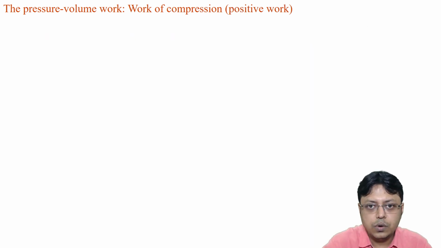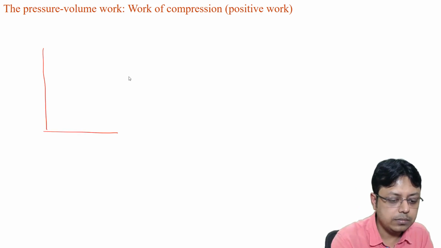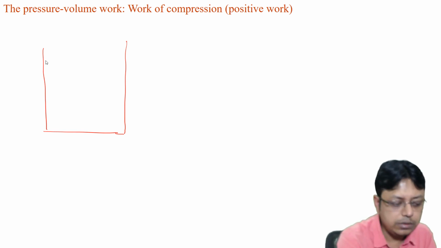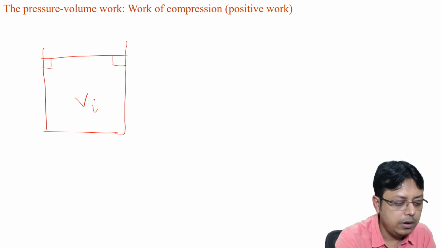Now we'll discuss what will be the amount of work for the case of compression. Again, it's a pressure-volume work, remember that. So let us try to draw it. In the case of compression, we have an opposite situation. Initially, suppose the volume was Vi according to our convention, and the piston was held by two pins and there was a mass.